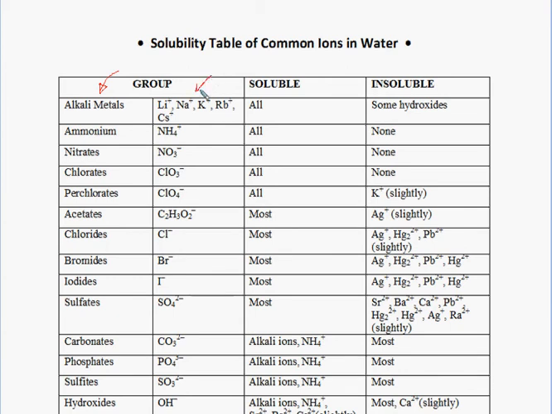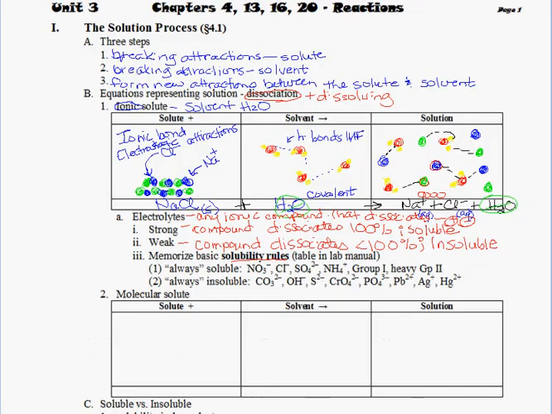We have the ions themselves so that you can see the symbols and the charges. And then again, we have soluble, those are your strong electrolytes. And over on the other side, we have insoluble, those are your weak electrolytes, so that you can start to look at those. For this unit, you're going to want to really use this table to your advantage because it's going to be exceptionally helpful.